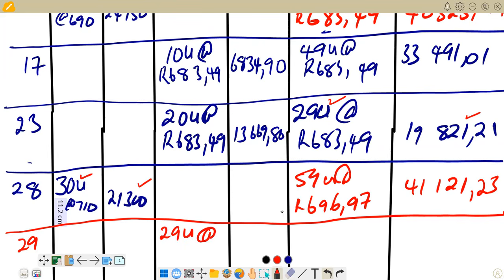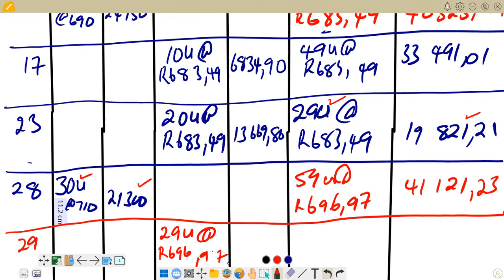We know that the value per unit, we are going to use the one that we calculated before, which is 696.97.